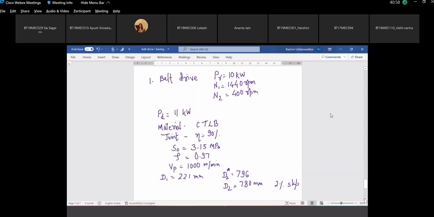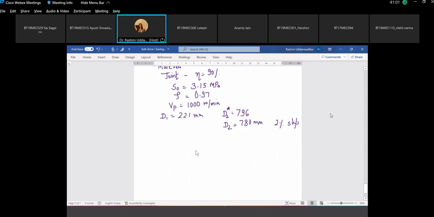Then we calculated the center distance. Center distance we considered as 4 times d, 3120, 4 times the larger pulley diameter. Then we assume the material for the pulley as cast iron, with coefficient of friction for this combination of leather belt and cast iron pulley as 0.35.